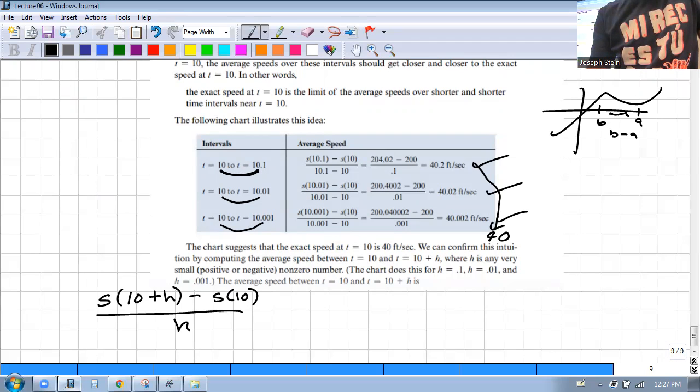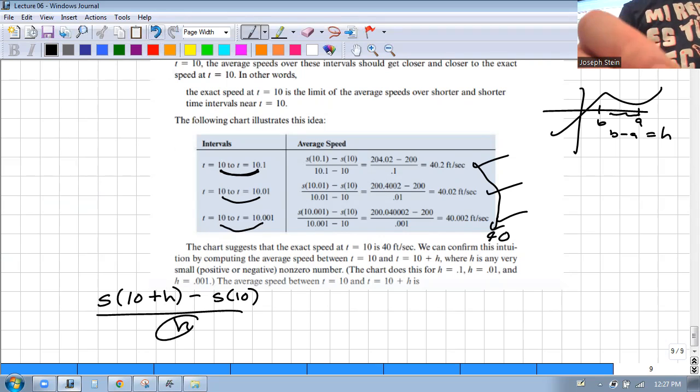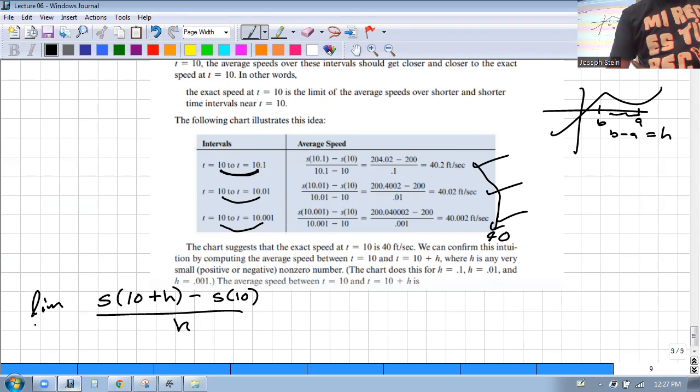B minus A, that's that length. I'm going to call that H. So I'm going to take the distance at a little bit of time past 10 seconds and the distance at 10 seconds and look at that difference. And then I'm going to let my H go to 0. The limit as H goes to 0 is going to give me my instantaneous speed right at 10 seconds.